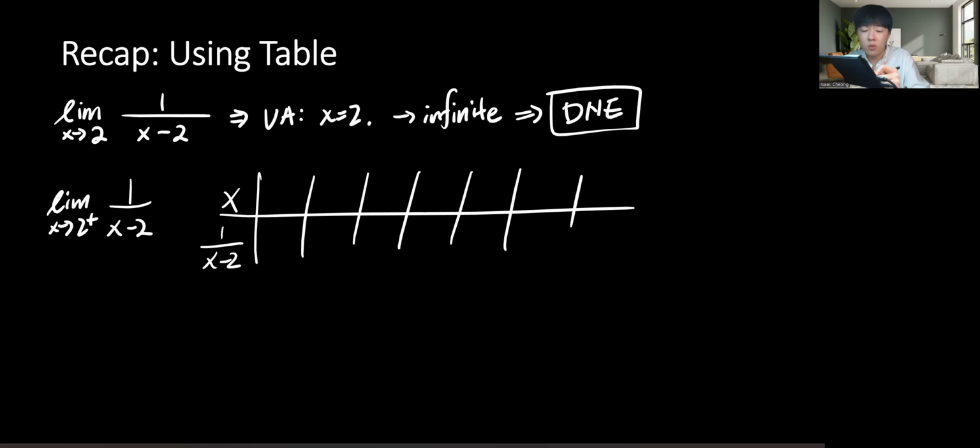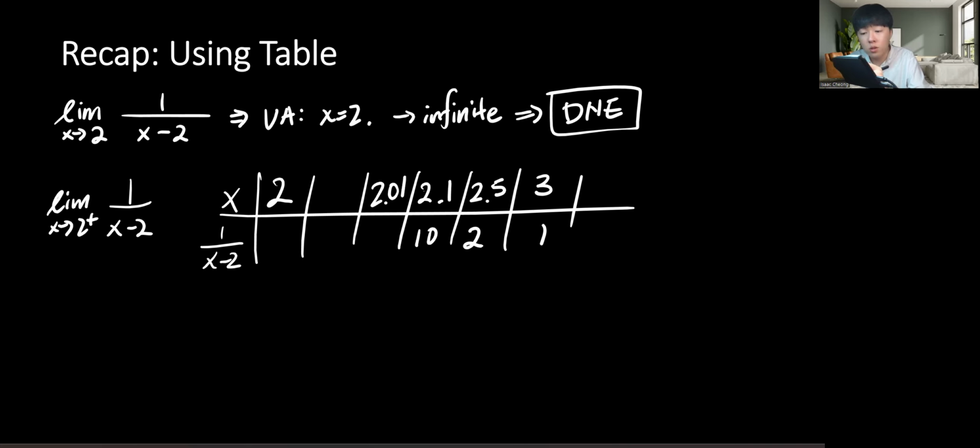For the right limit, you should approach 2 from the right, right? And as you see, if you plug in 3 for x, we get 1. If you plug in 2.5, we get 2. If you plug in 2.1, we get 10.